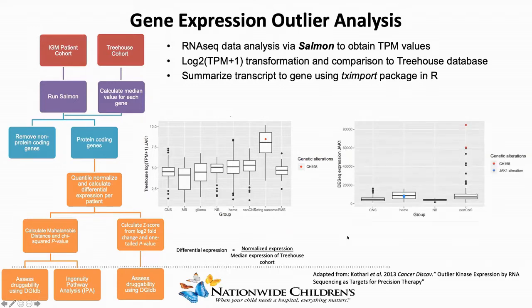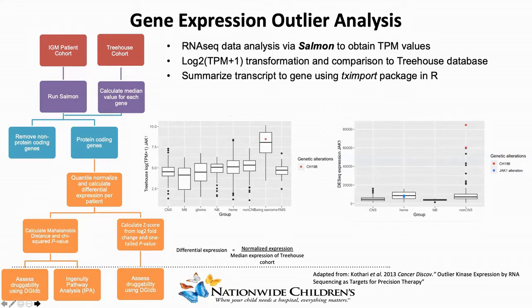And here you can see on the right-hand side, this patient's JAK1 expression in red compared to other patients from our cohort evaluated through DESeq and showing that there's quite high expression here in non-CNS tumors compared to heme, which is the other tumor type in which JAK1 expression is identified.